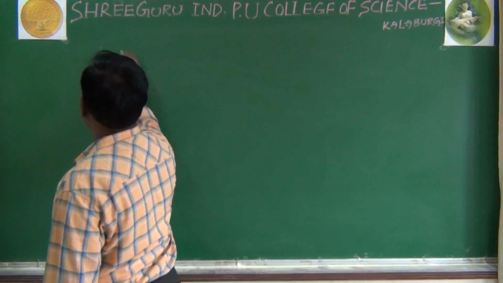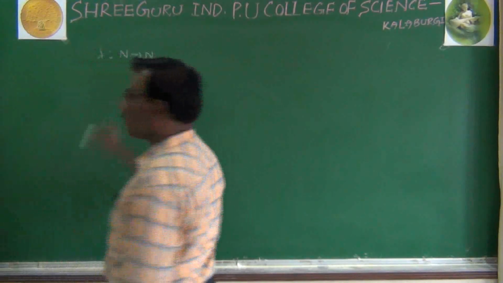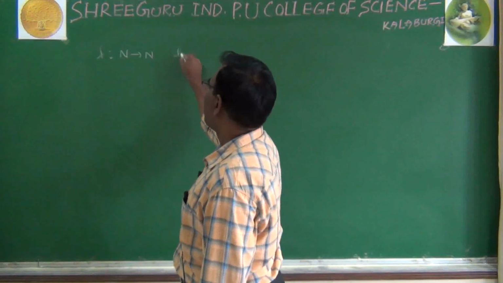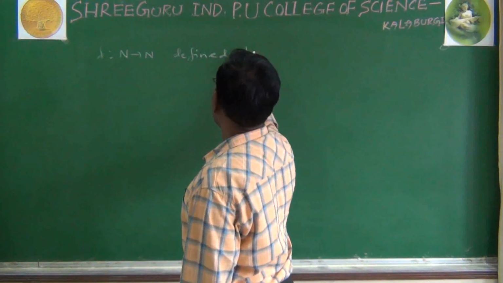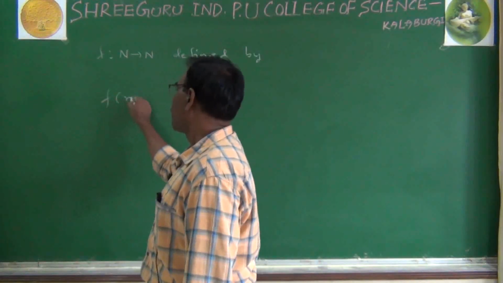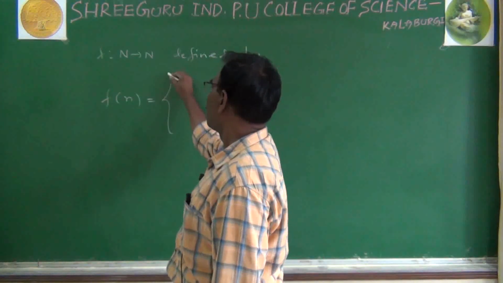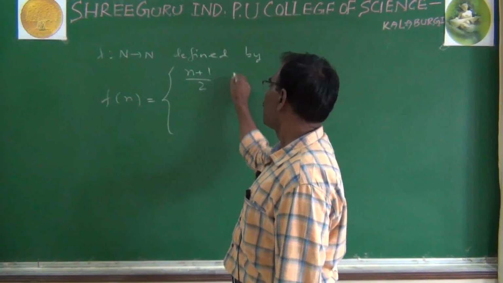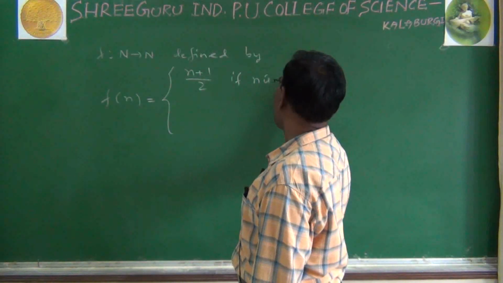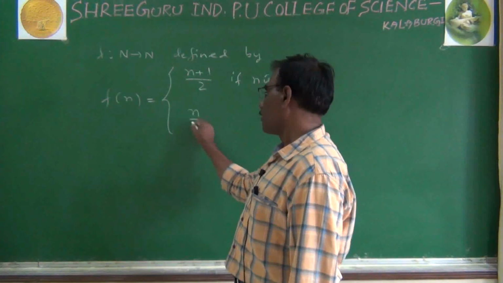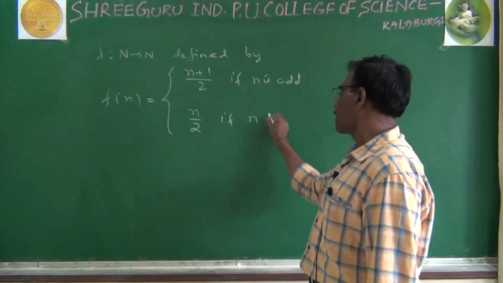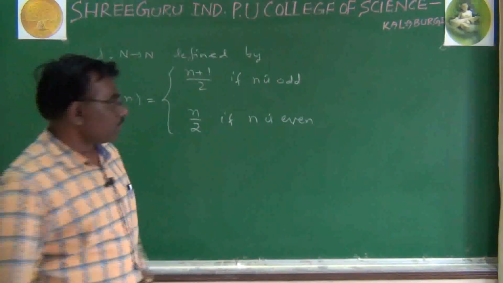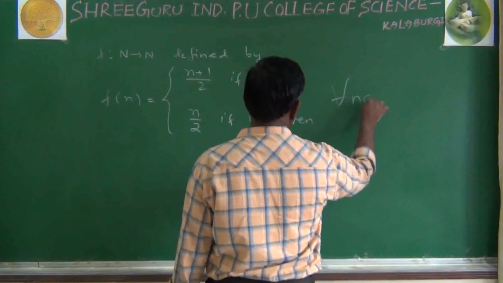f from N to N defined by f of n equal to (n + 1)/2 if n is odd, n/2 if n is even, for all n belongs to N. Important problem.